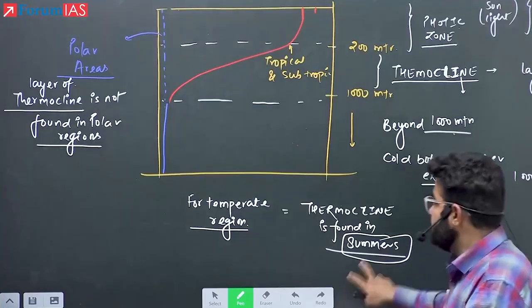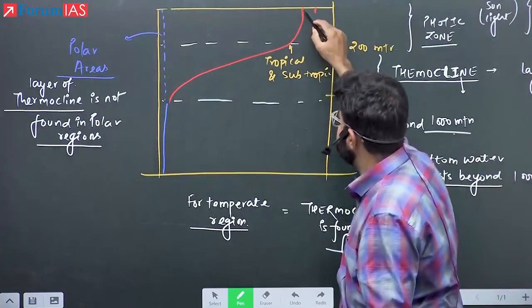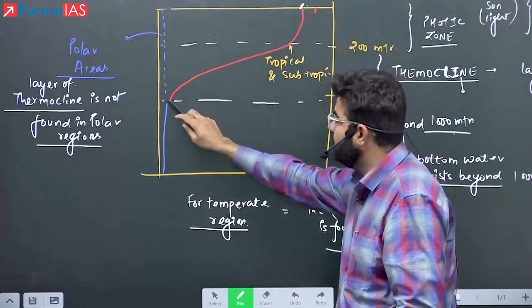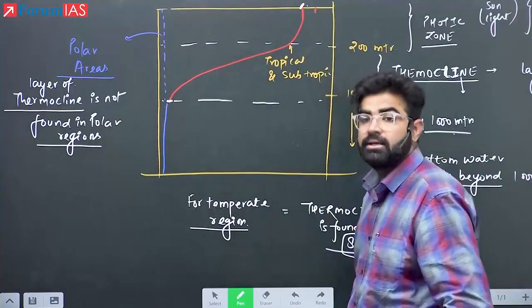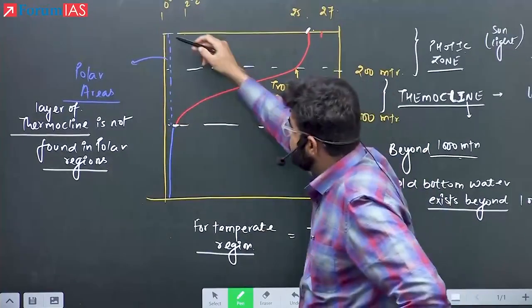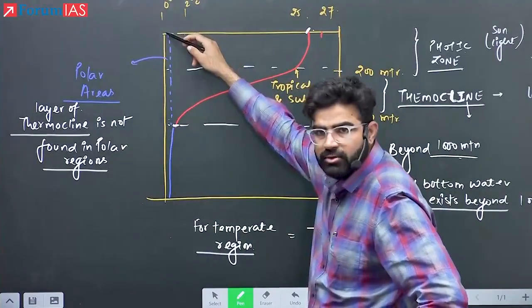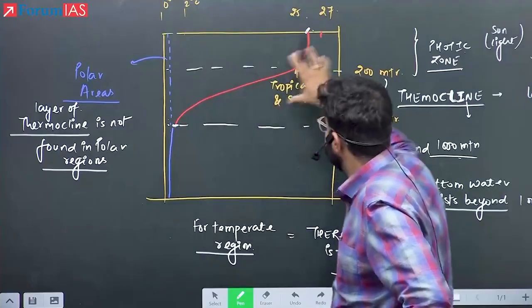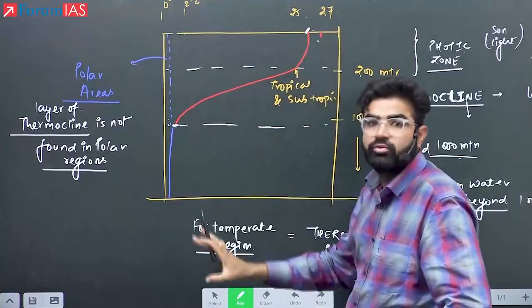Yes. Can you see this? The surface temperature in the tropical area was 25, and at 1000 it is near zero, whereas in the polar area, from the surface onwards it was more or less zero only, right? So the temperature is not changing quickly here; rather, temperature is changing under the equatorial water.